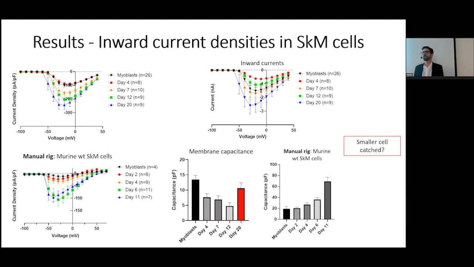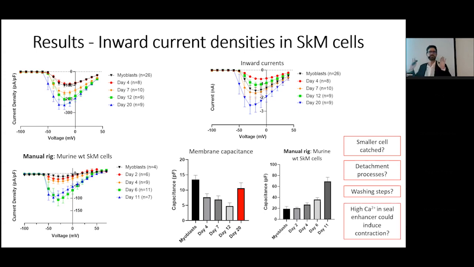Probably the Patchliner was catching only the smaller cells, or probably we need to find an alternative detachment process other than the enzyme accutase, just to obtain more floating myotubes. And probably we need to improve the washing step, as I said before, because after adding the seal enhancer solution, we lose some cells after the second washing step. So probably some parameters need to be changed.